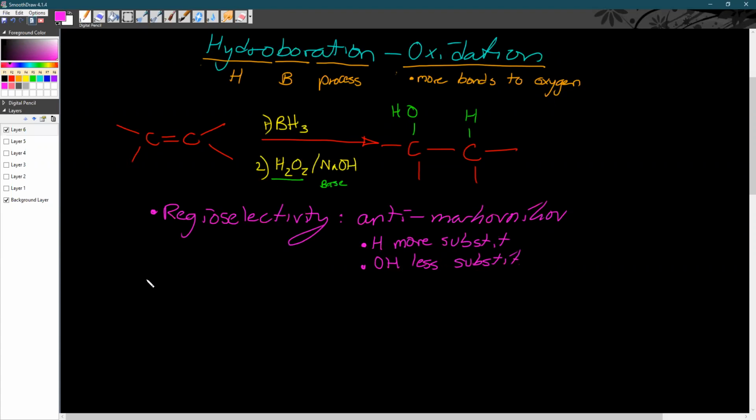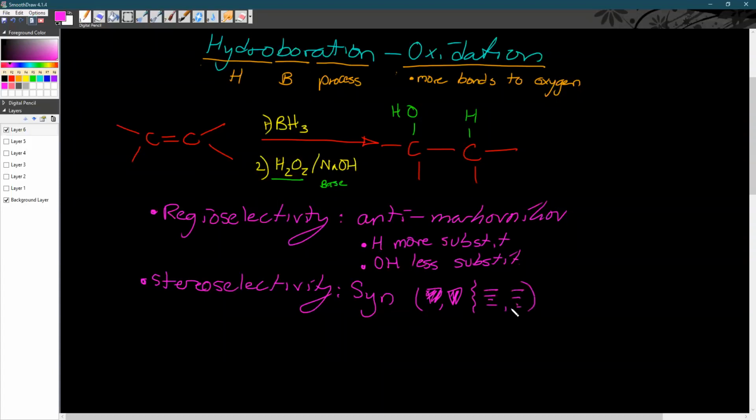Okay. Our stereoselectivity for our previous reaction was both, right? It did not matter. Whereas here, it's now syn. Okay? Where both the OH and the H must be on the wedge, or they both must be on the dash. Okay?